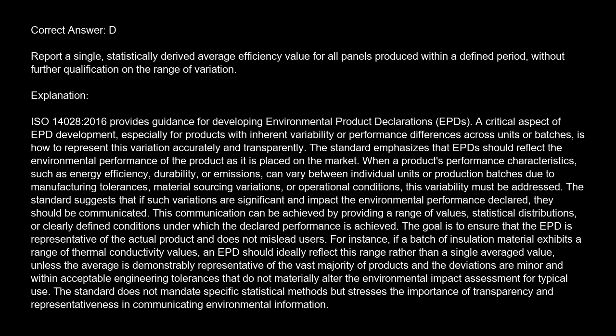For instance, if a batch of insulation material exhibits a range of thermal conductivity values, an EPD should ideally reflect this range rather than a single averaged value, unless the average is demonstrably representative of the vast majority of products, and the deviations are minor and within acceptable engineering tolerances that do not materially alter the environmental impact assessment for typical use. The standard does not mandate specific statistical methods, but stresses the importance of transparency and representativeness in communicating environmental information.